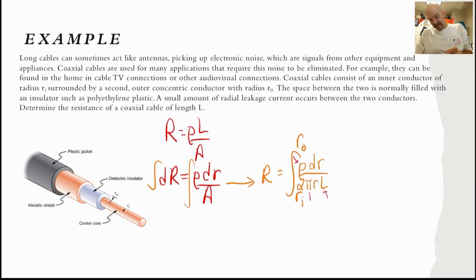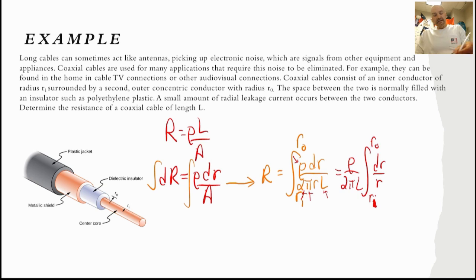Constant, constant, constant, constant, pull all those out. It's a very important technique, if you are just learning integrals, to rewrite as much as possible. So rho over 2 pi L, and we're going to integrate dr over r from Ri to R0.